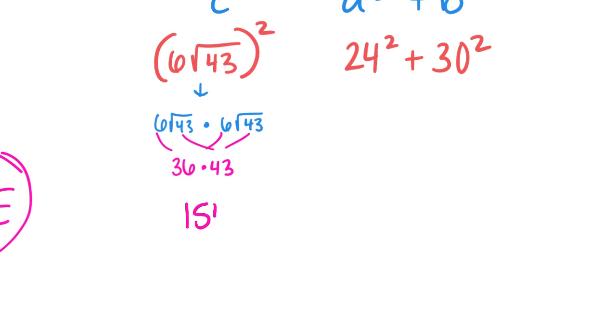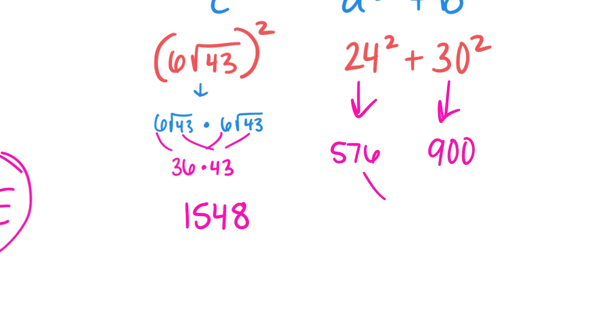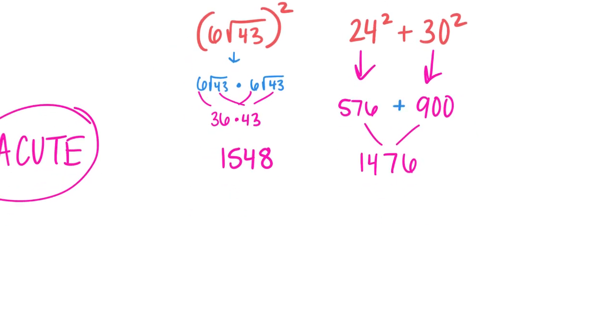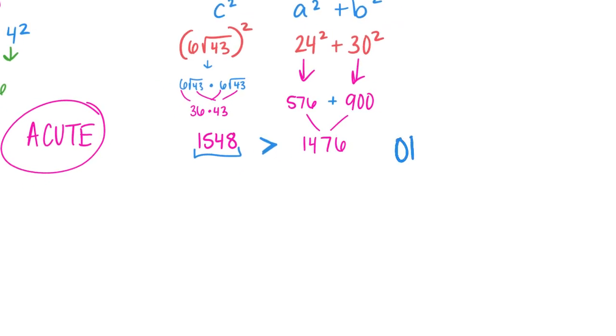So this side over here is going to be 1548, and then this other side, 24 squared is 576, 30 squared is 900, and then we can add those up, and that's going to give us 1476. And if we compare these, the C squared is bigger than that other side. So that means that this is an obtuse triangle.